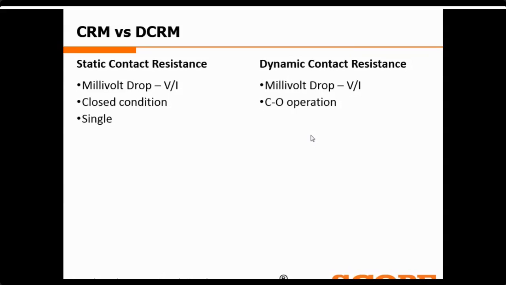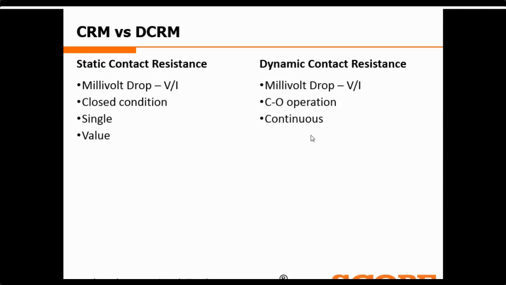But in this case, while the circuit breaker is in dynamic position, we are taking continuous samples of the voltage and current, and along with V by I, we are getting the resistance at each and every instant of the circuit breaker operation.